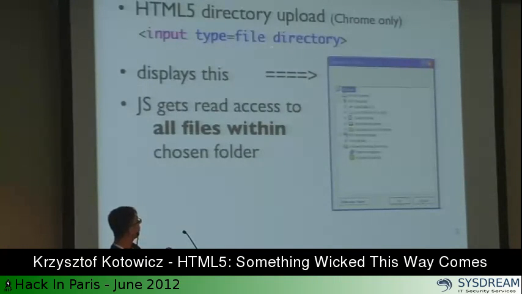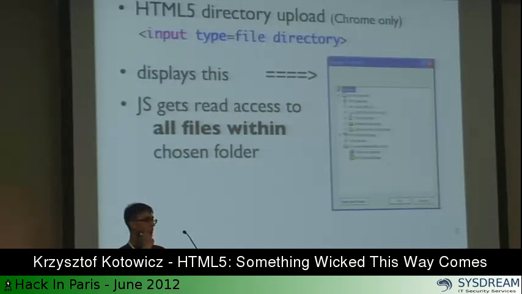And this is what it says on the tin. It's a directory upload. So as soon as you have an input type equals file element on your web page, and you just give it a directory attribute, clicking on that input will not present you with an interface to upload a file. It will present a standard browse for folder Windows dialog or OS X dialog or whatever operating system you are using.